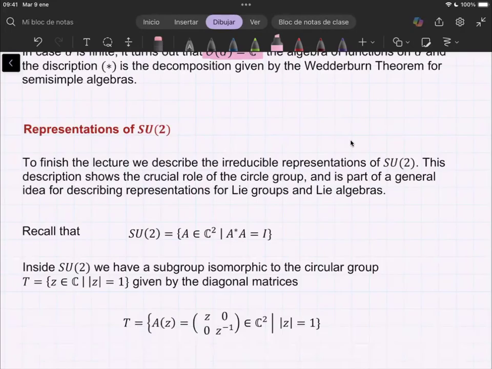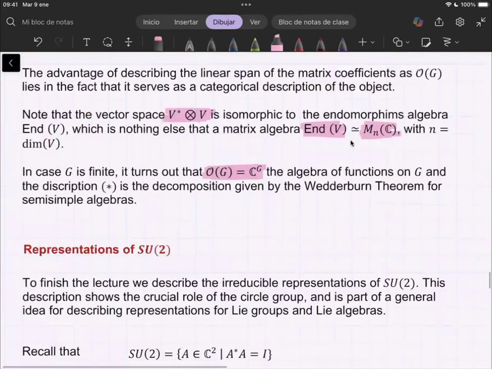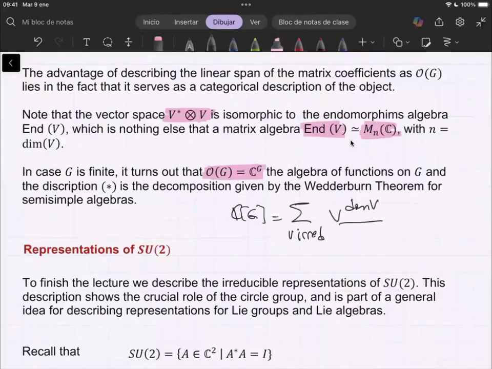one has V tensor V, write this here. So in finite groups, we have something like this. It appears 1 times the dimension of V, for V irreducible. And this is actually represented by this thing, okay?